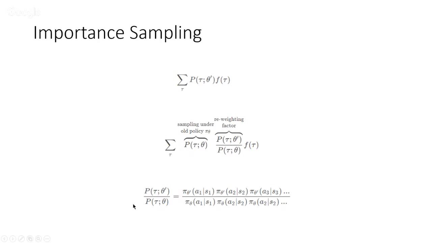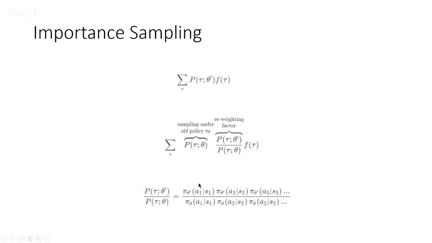And the simplification of this reweighing factor is that now the trajectory tau is the same. So taking an action given state 1 and taking this action given state 2, we are taking the same action given the same state. So these trajectories are the same. The only thing changing is the probabilities of experiencing those states and those actions under the new theta.